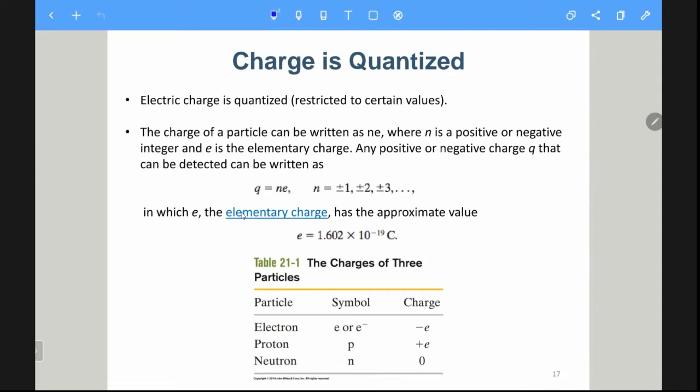We will face this constant throughout the whole course until the end of the semester. So e is 1.602 times 10 to the minus 19 coulomb. Usually, 1.6 times 10 to the minus 19 is just fine.